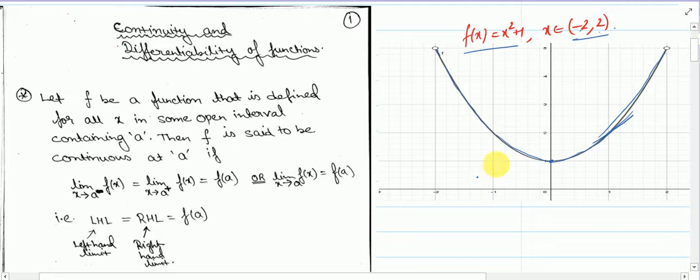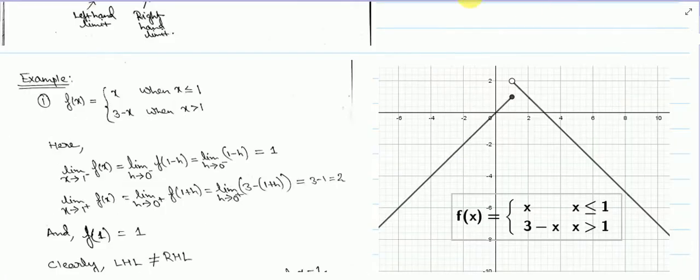Now let me give you an example of a function that is not continuous. Here I have taken one function: f of x will be x if x is less than or equal to 1, otherwise it will be 3 minus x if x is greater than 1.